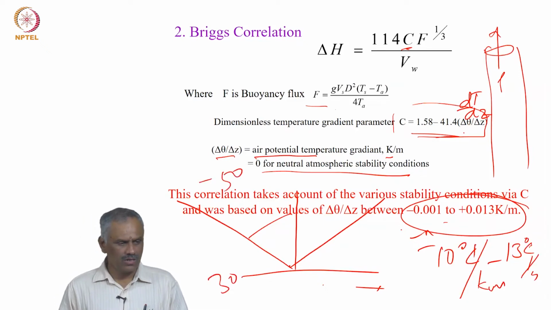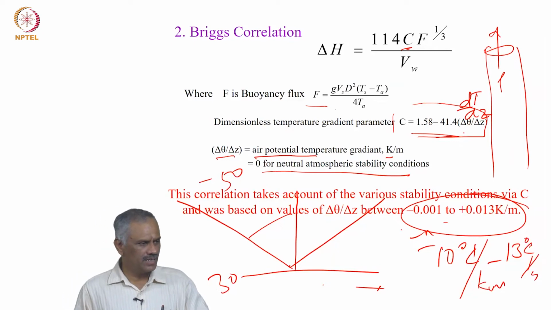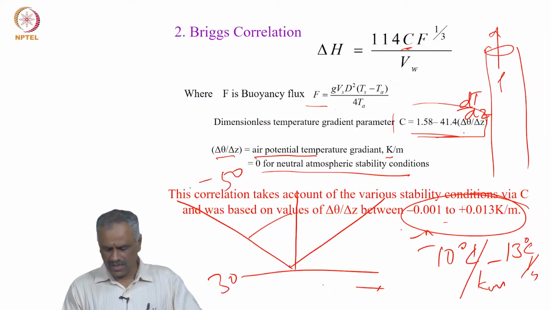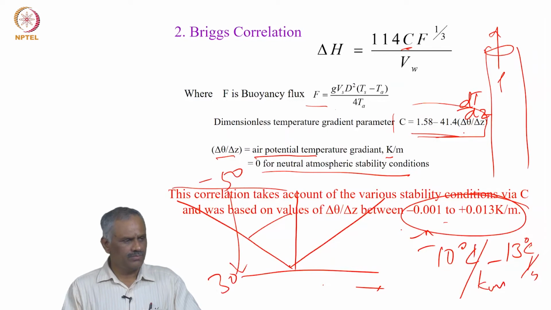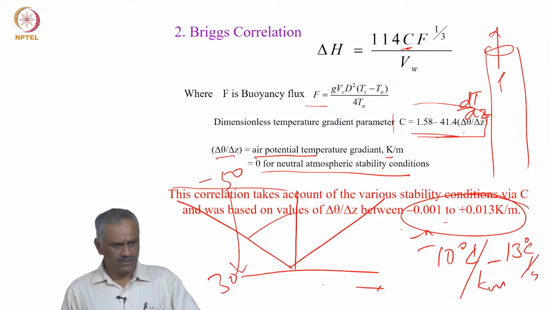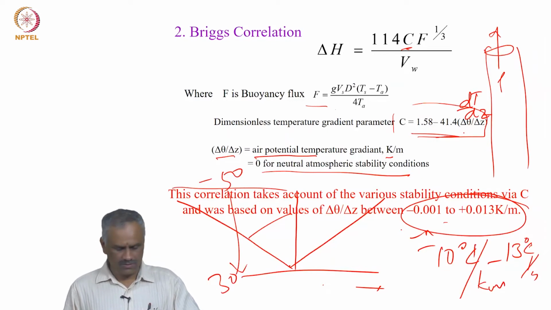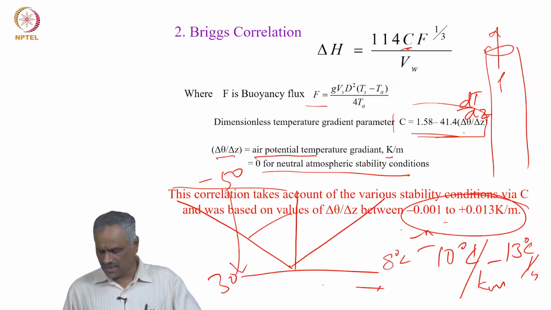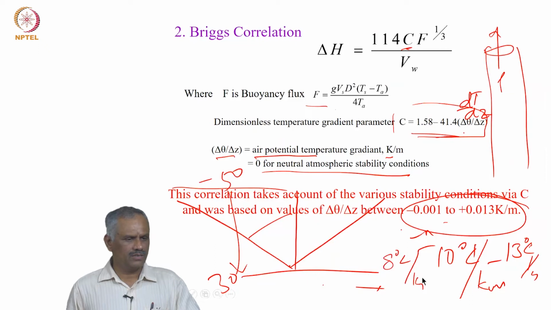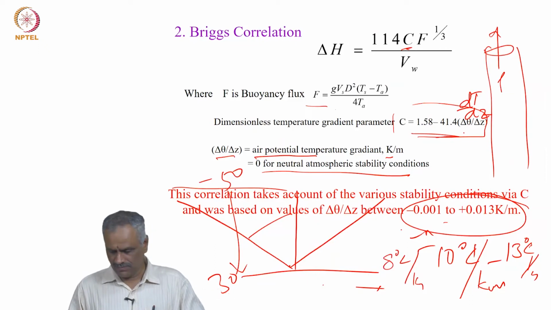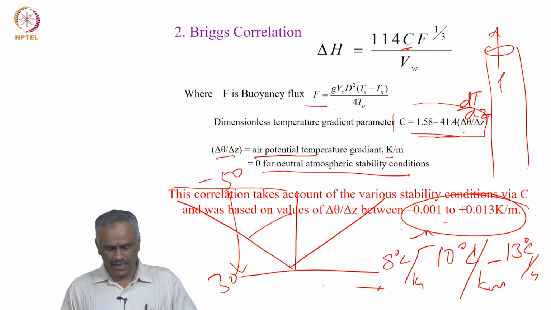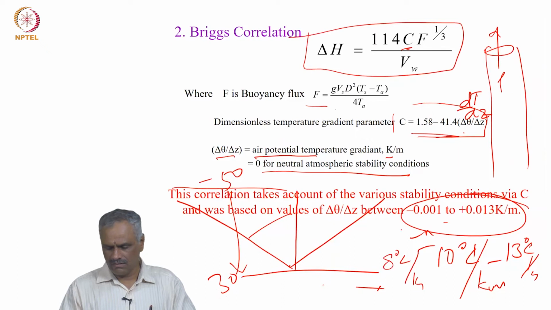So what is the total? It is about 80 degrees, correct. What is the height here? About 10 to 12 kilometers. If you divide 80 by this, you will get about 8 degrees Celsius per kilometer. There is a variation as you go. If the temperature is lower, it tries to move up. So this is the Briggs correlation.